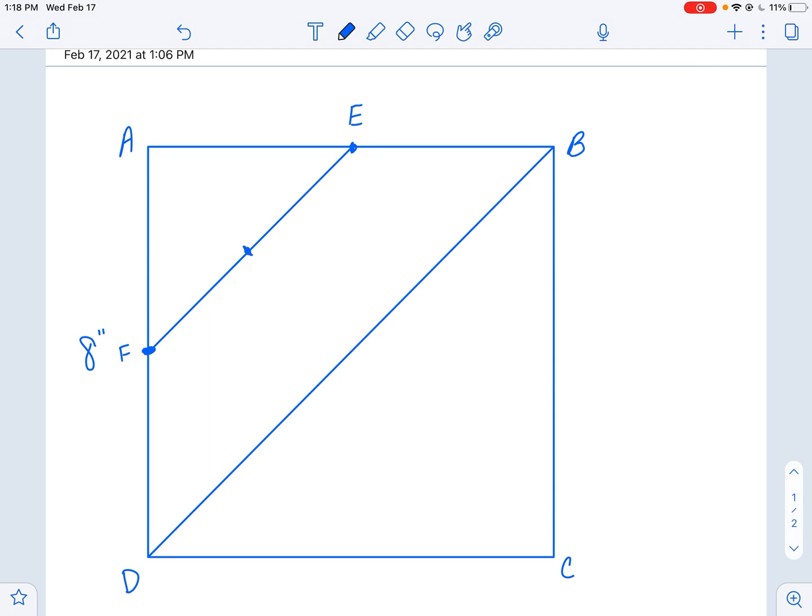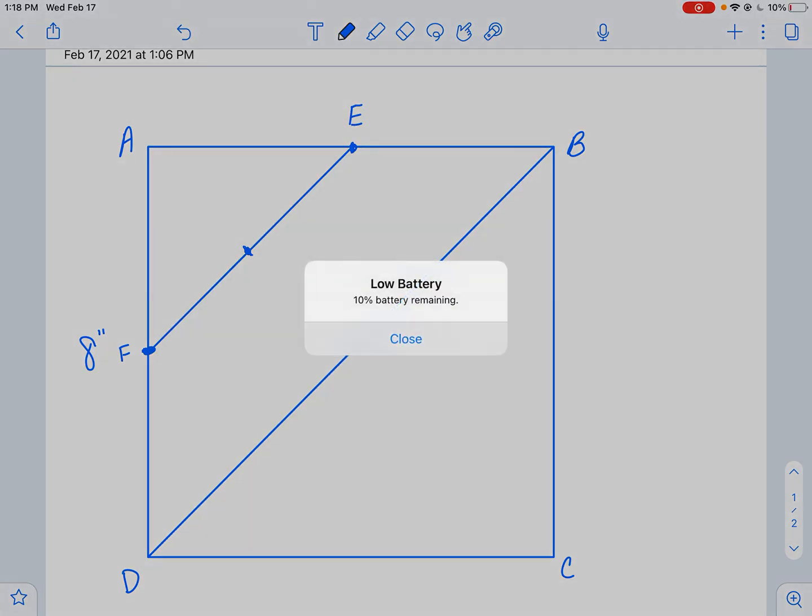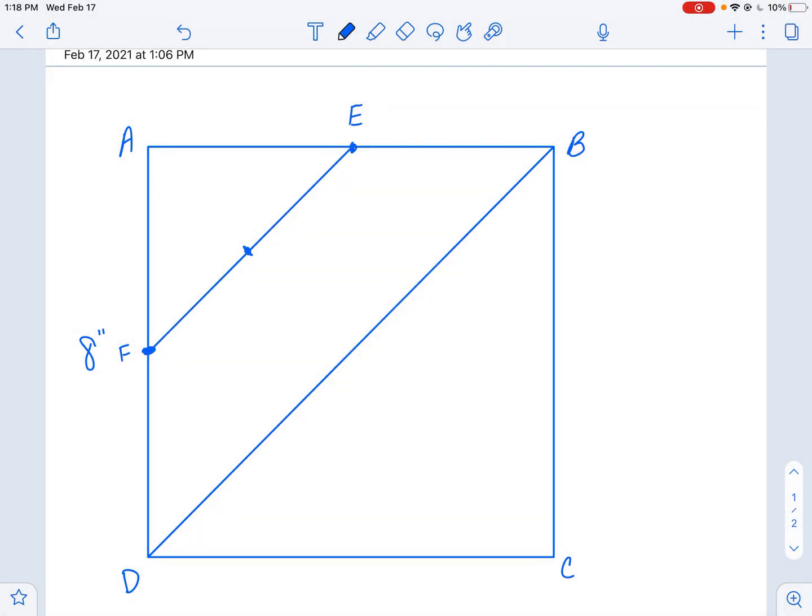If you're doing this with a compass, that's probably the best way to go. If you're doing this with a ruler, make sure that you are very precise with your measurements. So EF, we found the midpoint. We're going to label that G.